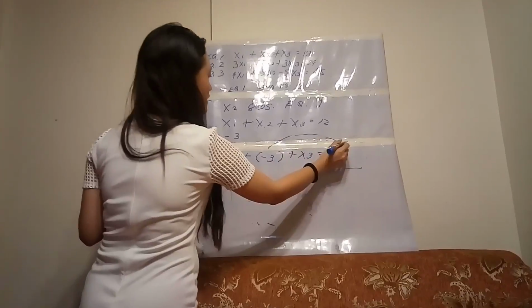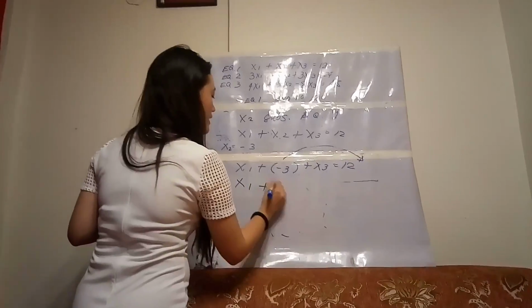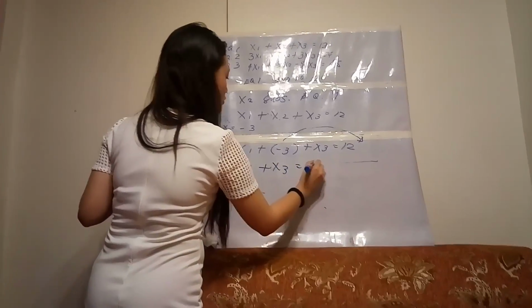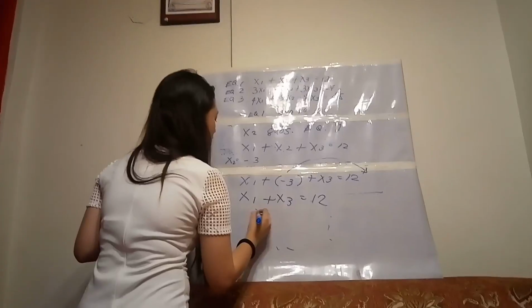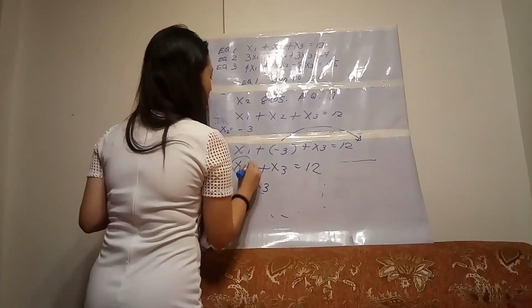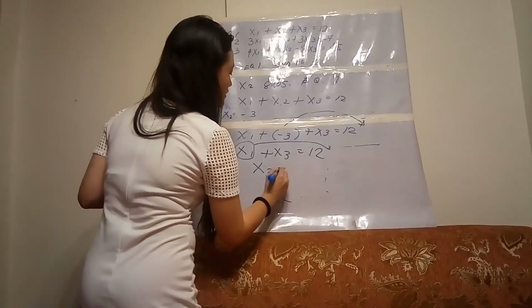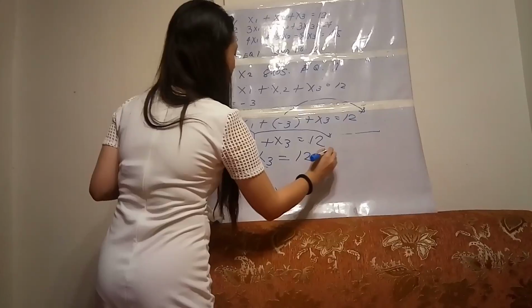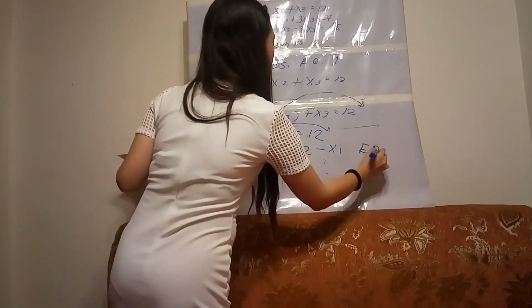So transpose this one to the other side of the equation. So x1 plus x3 is equal to 15. And we can now transpose one of the values of x to the other side of the equation. So x3 is 15 minus x1. And this will be our equation number 4.